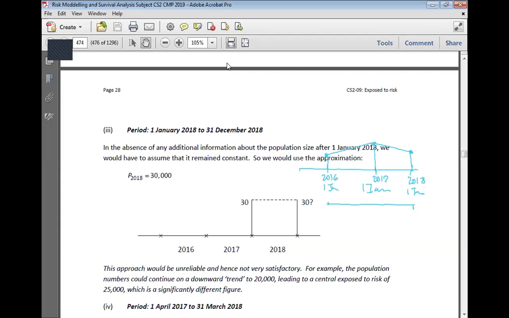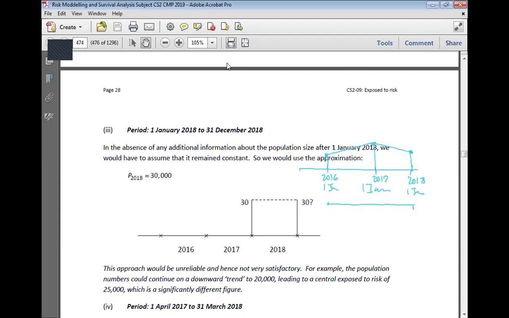Yeah, so similar thing you're going to do. You have data from 1st April till 31st December, so you'll count those 9 months. 9 upon 12 will give you 3 upon 4.